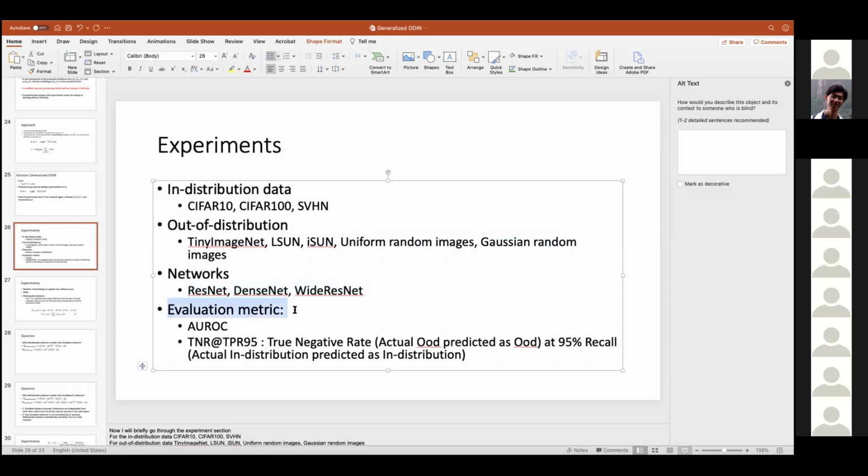The evaluation metric is the area under the ROC curve, because the OD detector is a classifier, so you can draw the ROC and compute the area under it. The second evaluation metric is the true negative rate at 95% recall.